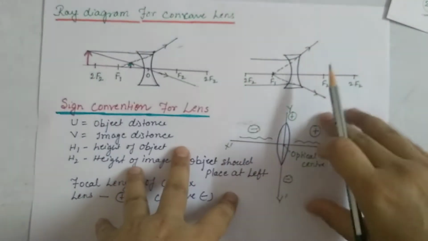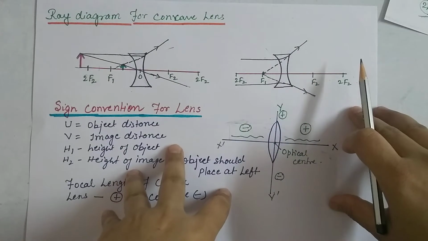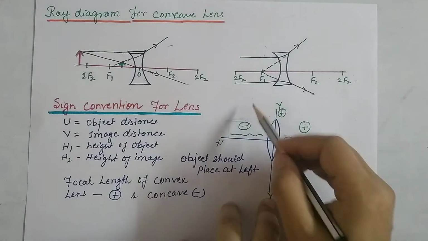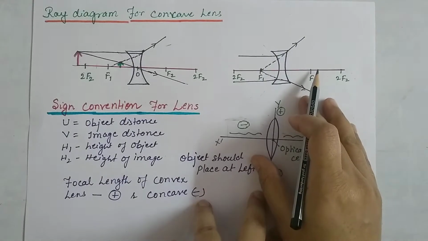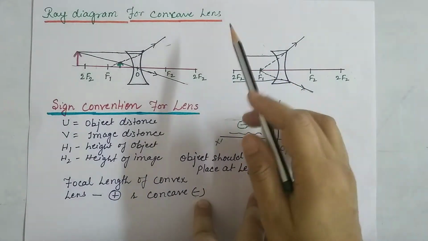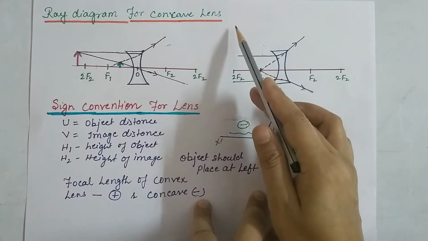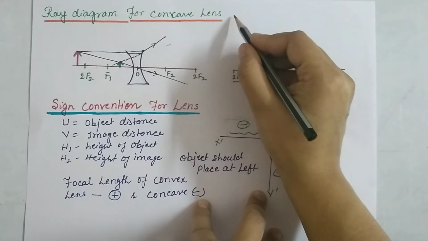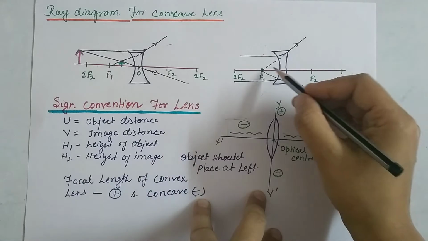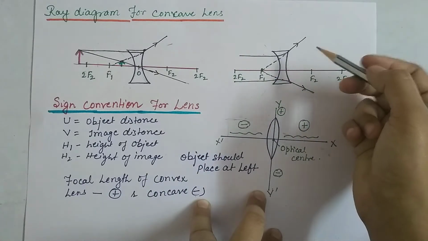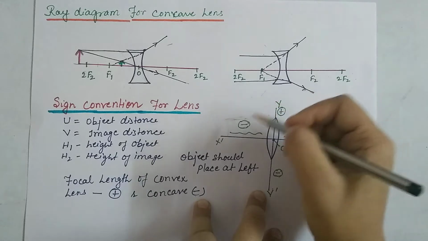Now the ray diagram for the concave lens. Here we have taken two conditions for the concave lens. Basically you all know that the concave lens is a type of diverging lens, and due to the divergence it diverts the light rays. Whenever any light ray gets diverged, it always forms a virtual image.